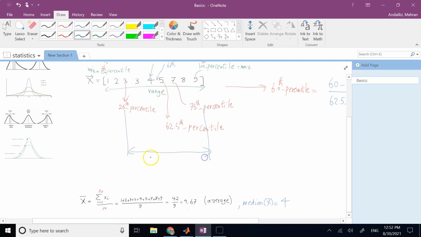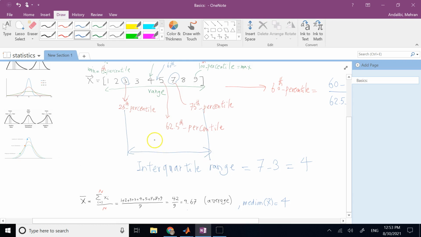This distance is called the interquartile range. Okay, and in this case it's 7, which is the 75 percentile, minus 3, which is the 25 percentile. So it is going to be 7 minus 3, and it is 4. 4 units correspond to the middle 50% of the data.